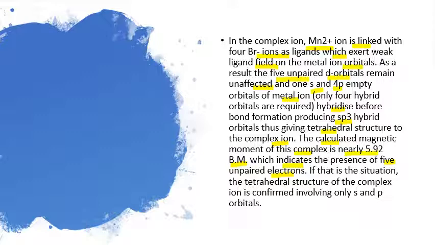This complex shows paramagnetic behavior, because one or more unpaired electrons are present. So it is the proof that this complex has 5 unpaired electrons. It shows paramagnetic behavior, and it has many unpaired electrons. That's why its magnetic moment is also high, 5.92 Bohr magneton.